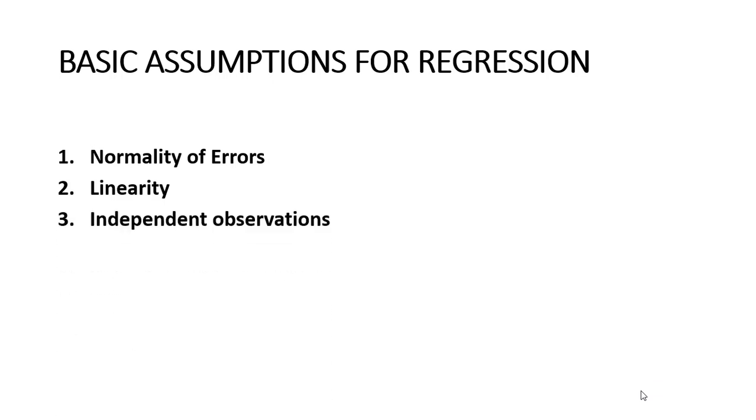Then you must have independent observations. We will see what this means. And finally, there is this requirement of homoskedasticity, which has two spellings, and here it means that you have to check whether you have equal error variance in your data.